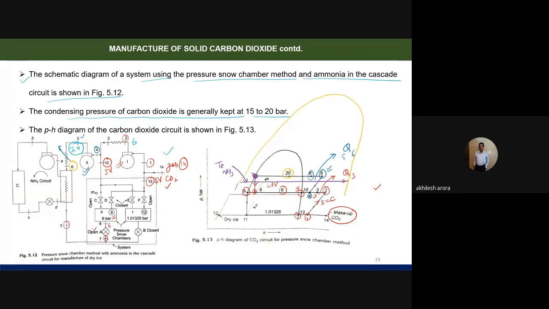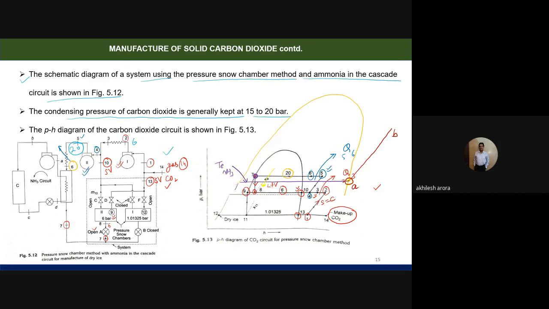So what will happen? The heat transfer will take place from the CO2 gas to the ammonia here, and ammonia will get converted to the vapor. This is the vapor point. I will change the color. See, this is the ammonia curve. At this particular point, this is actually point number A. The ammonia will convert to the vapor refrigerant, and then it is compressed up to point number B here.